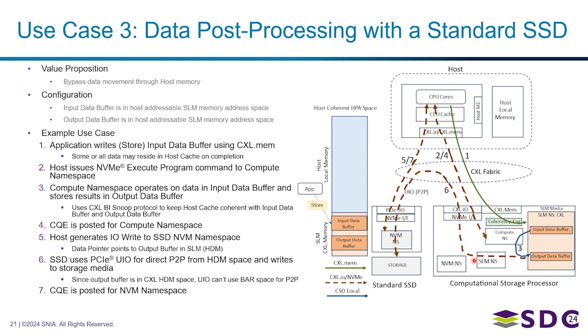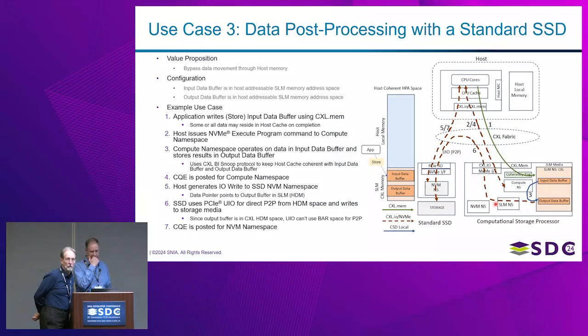The reason you can't do it through CMB is because step 3 has to go to SLM. Step 3 can't talk to CMB, because the computational program's command set doesn't have any concept of reading or writing from CMB. It doesn't have addresses, it only has offsets in an SLM namespace.